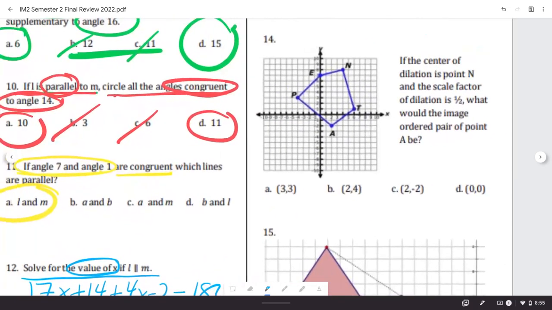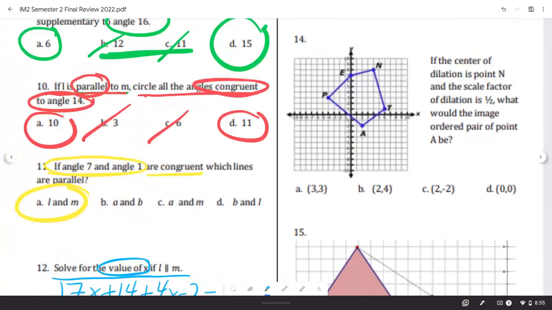Okay, for this one, you have to pay close attention to the center of dilation. So this is my center of dilation. That means everything touches N and everything shrinks or expands from N. And our scale factor is 1/2. So that means it's going to shrink.